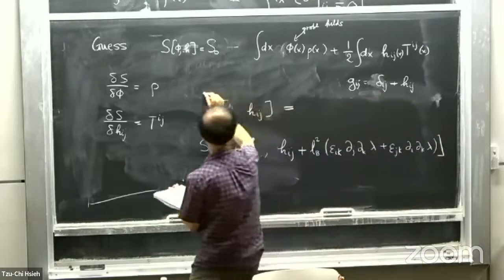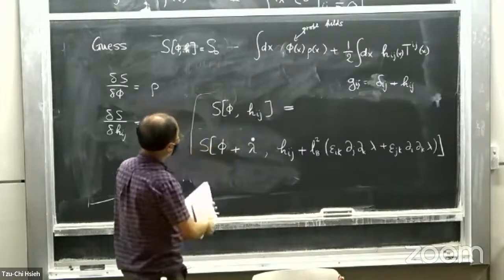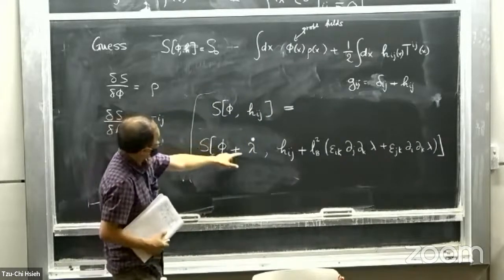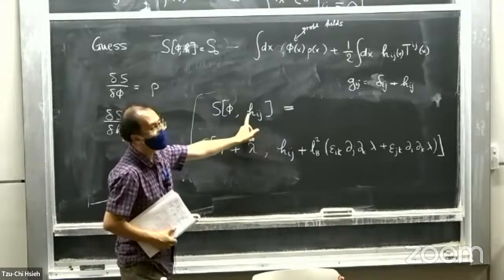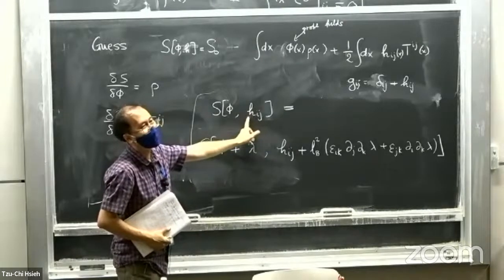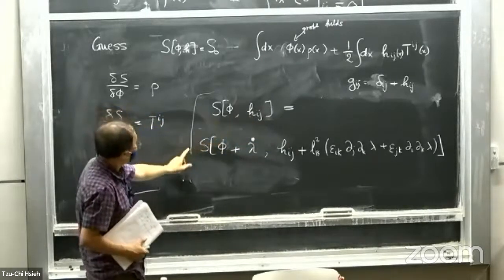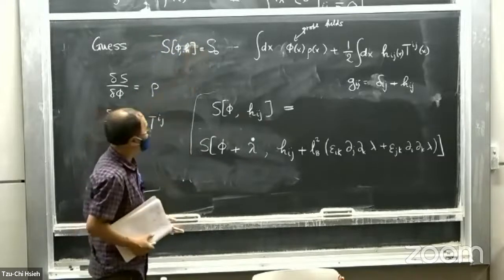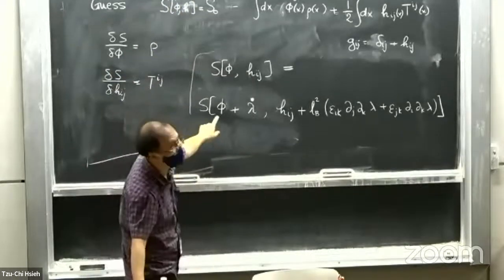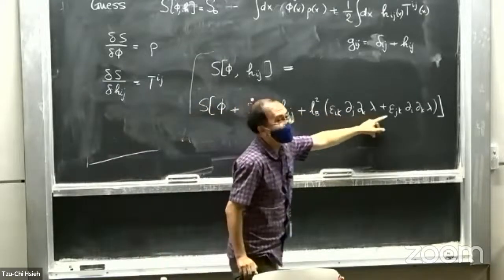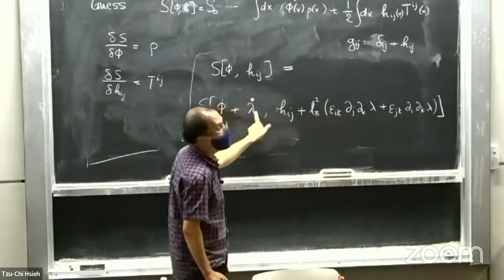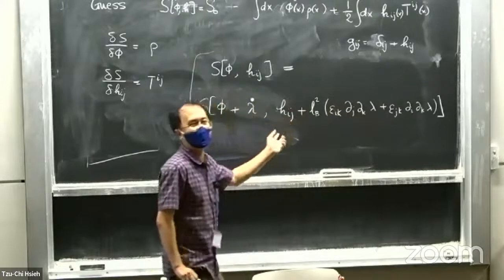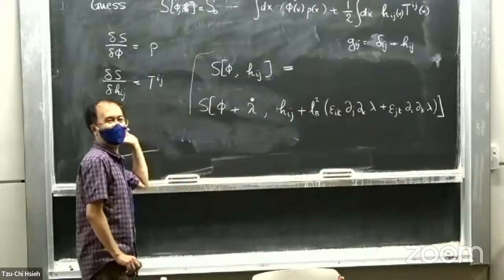So if this action is invariant under these transformations of the probe field, then we can rederive the conservation law. The way to do that, of course, is to expand the second expression to linear order in alpha, and then do integration by parts, as we did in the previous case.